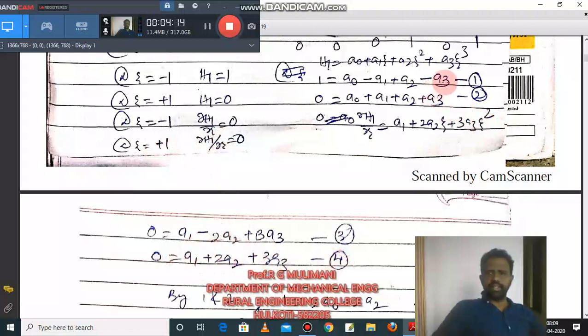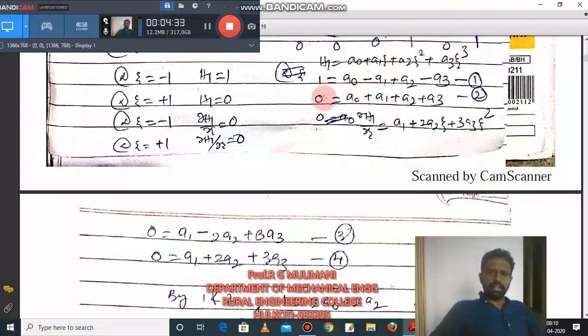Now using equations 1 and 2, let us add equations 1 and 2 to find all the constants. Now we have 4 equations, and for these let us find a0, a1, a2, a3.